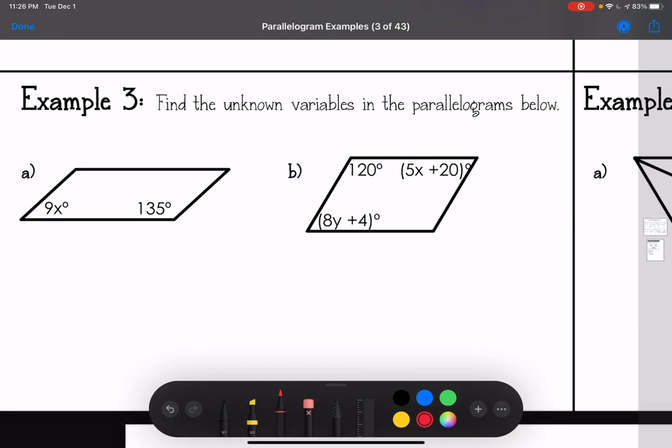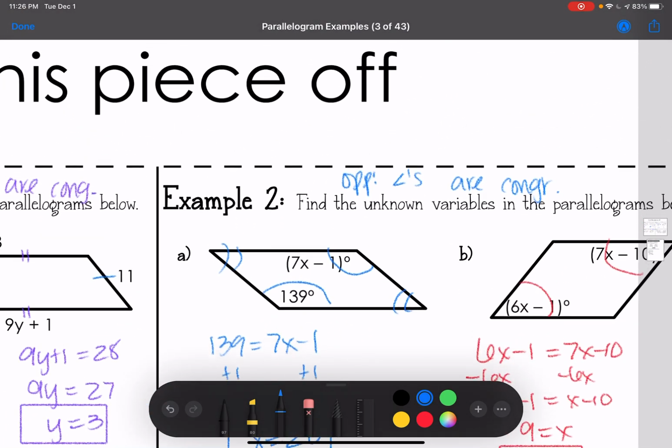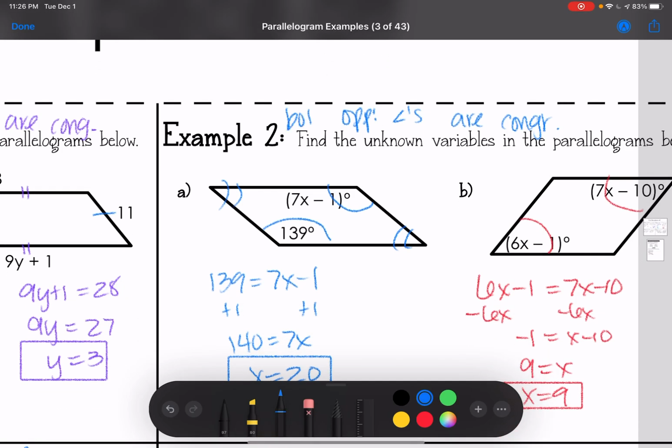Let's do this next one. This is going to be using the theorem that says that consecutive angles are supplementary. I don't believe we wrote down both on this. There we go.